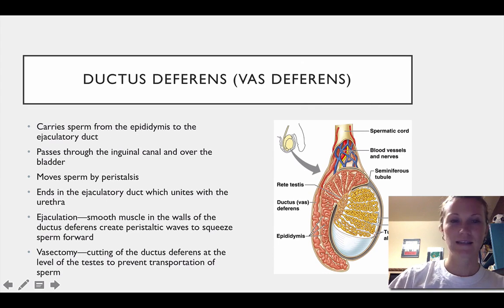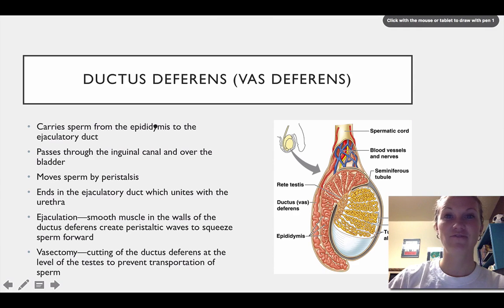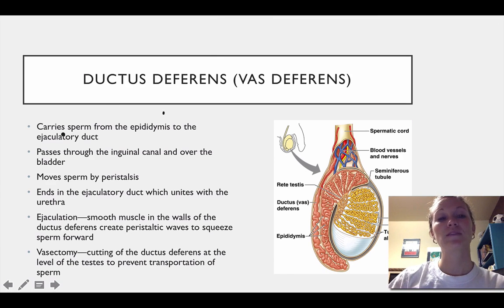The next one takes us to the ductus deferens, or the vas deferens. Its purpose is to carry sperm from the epididymis to the ejaculatory duct. Once sperm passes through the inguinal canal over the bladder, it is moved via peristalsis, that alternating contraction, and it'll end in the ejaculatory duct, which basically unites with the urethra.